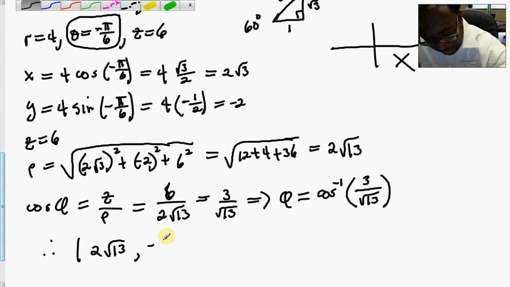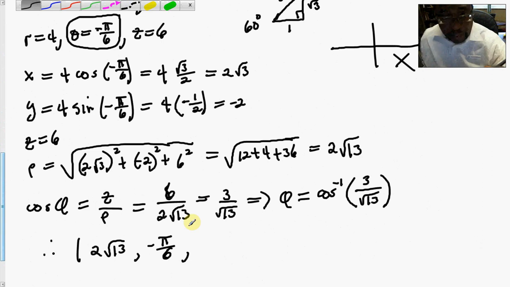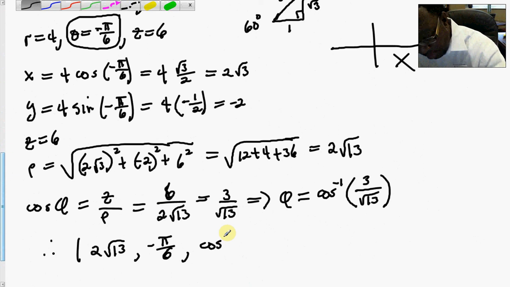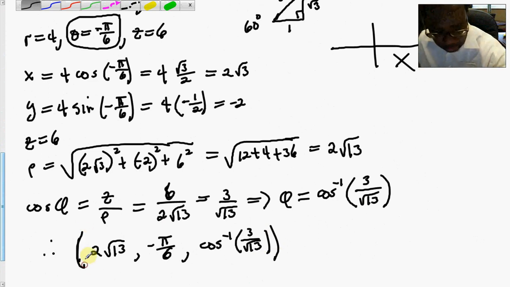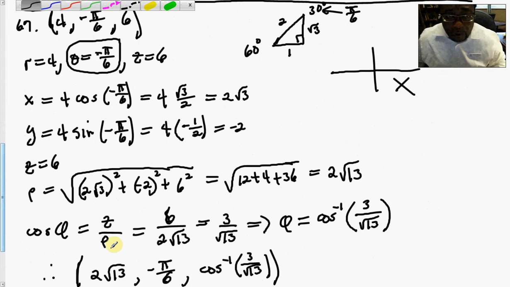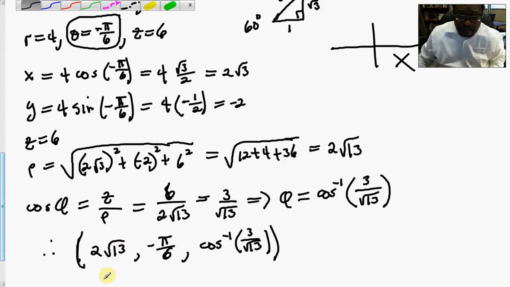Theta is negative pi over 6. And phi is cosine inverse of 3 over the square root of 13.